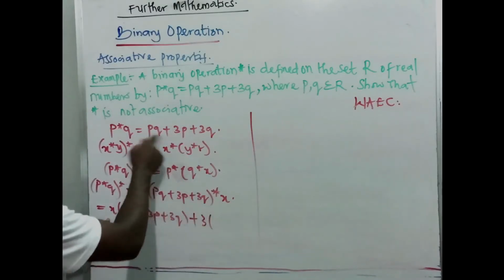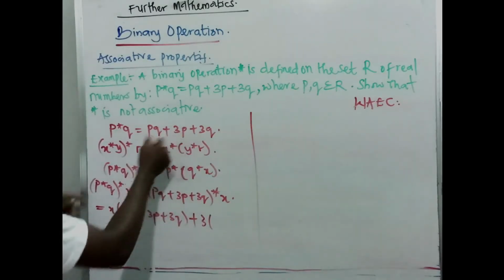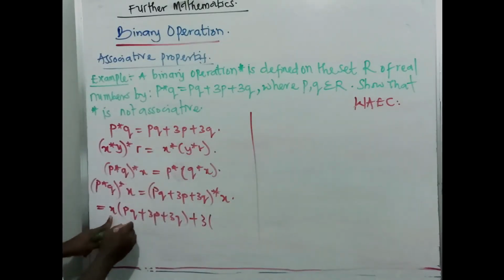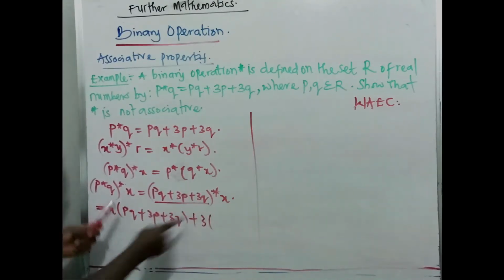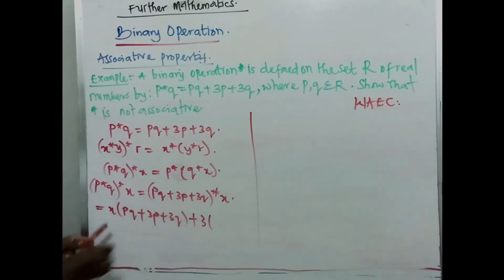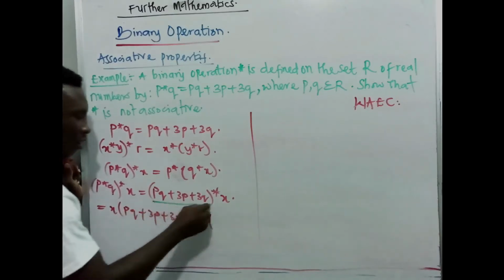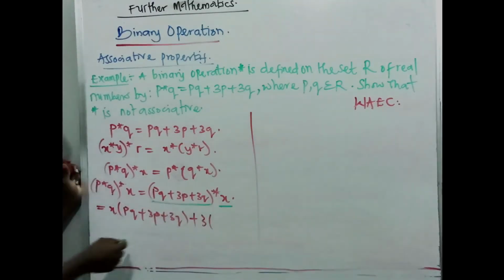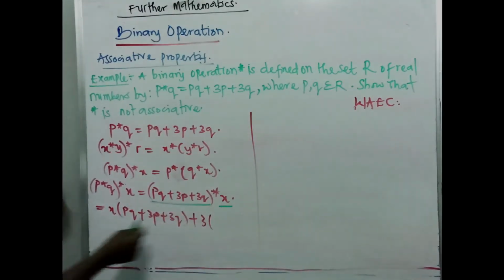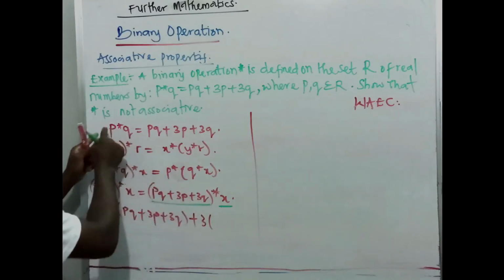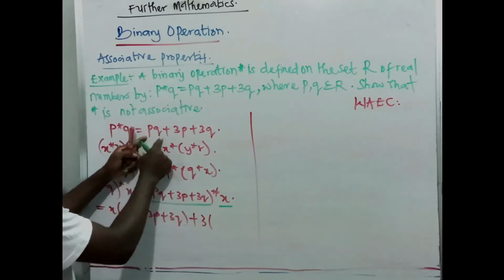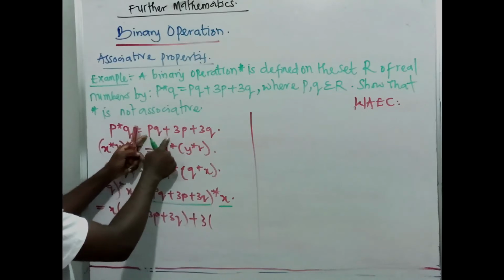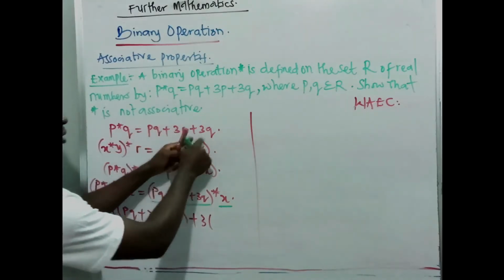What is the first one here? Listen to me, let's pay close attention. We're going to treat this as two different elements: this is the first element and this is the second element. When you put them here, it gives us first times second, plus 3 of the first, plus 3 of the second.